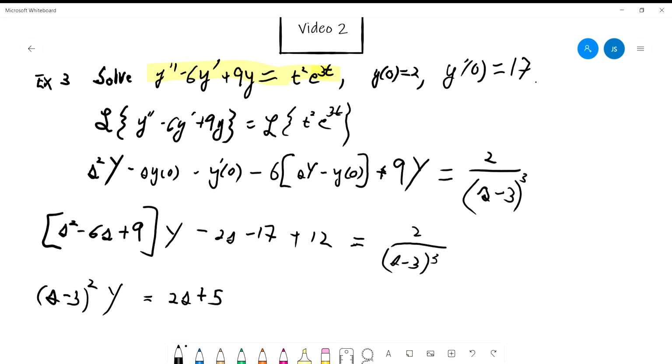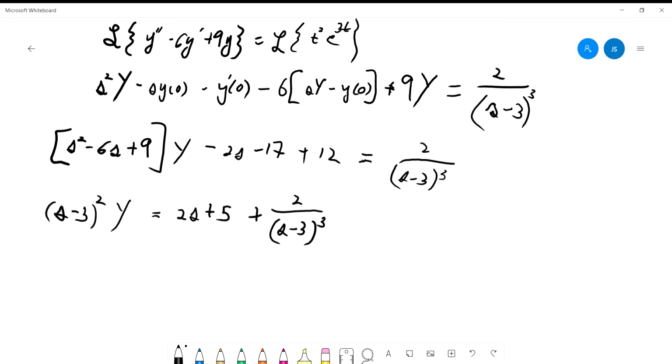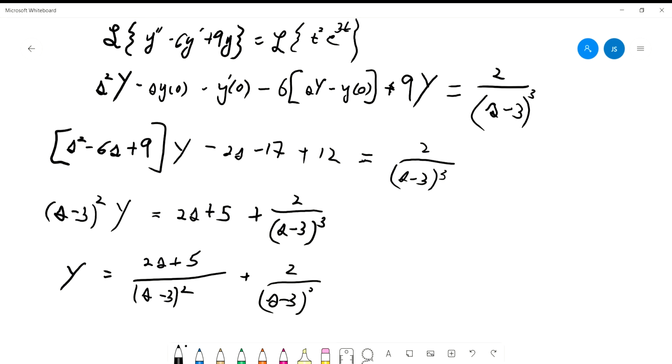And then we get rid of that negative 5 by adding 5 to both sides, plus the 2 over (s minus 3) cubed, that was already there. And then divide both sides by (s minus 3) squared, you get capital Y is equal to (2s plus 5) over (s minus 3) squared plus 2 over (s minus 3) to the fifth.